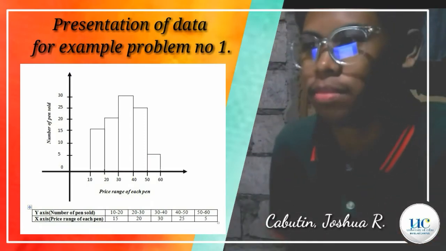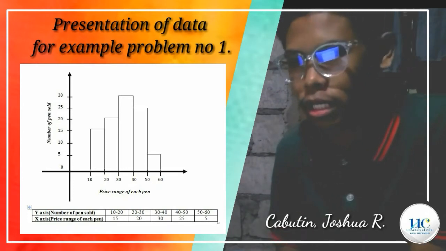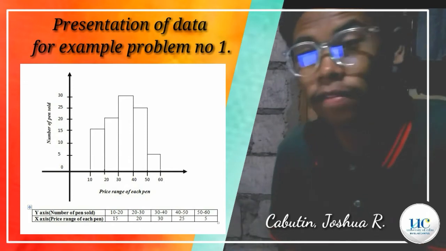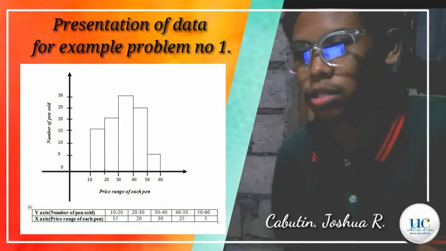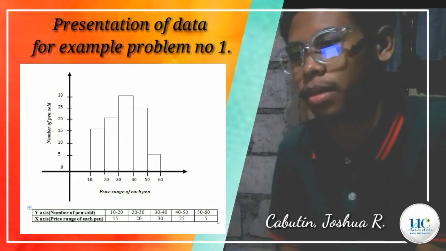Good day everyone, I'm Kabutin Joshua R, and today we will interpret the given example problem. Now based on example number 1, the value of the y-axis, the number of pens sold, is 15, 20, 30, 25, and 5.